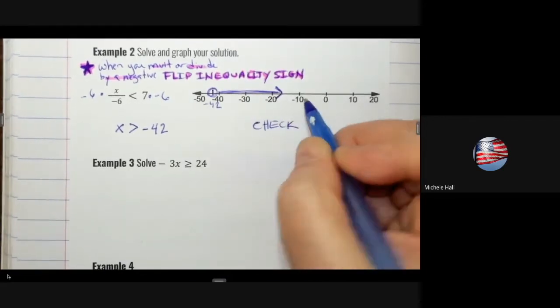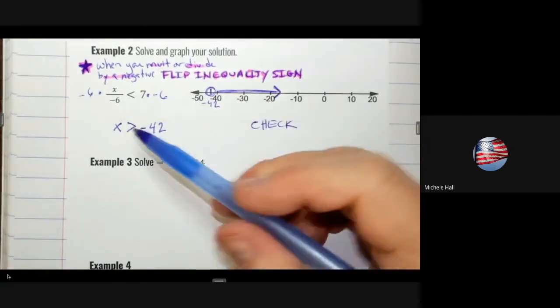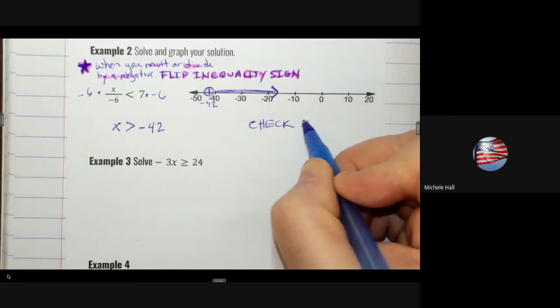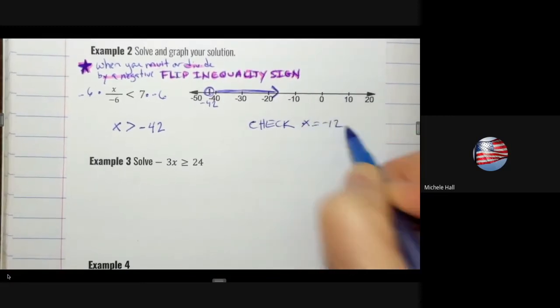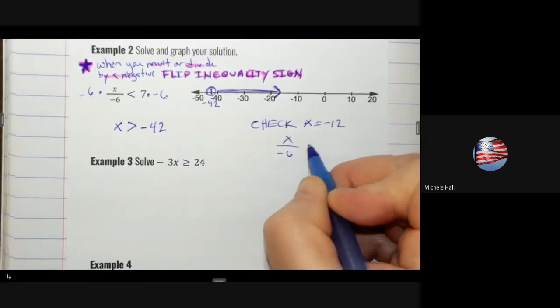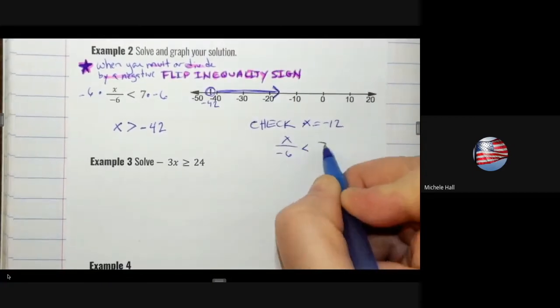Let's check something that works out with -6. Let's go with -12. Let's check X equals -12. So I have X divided by -6 is less than 7.